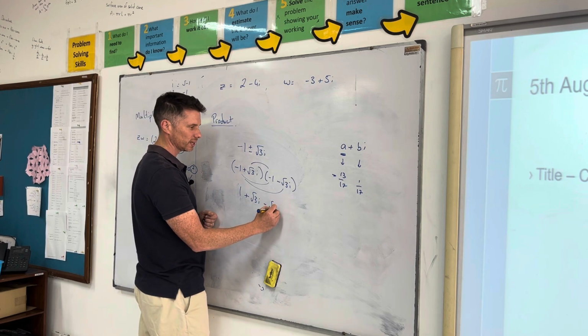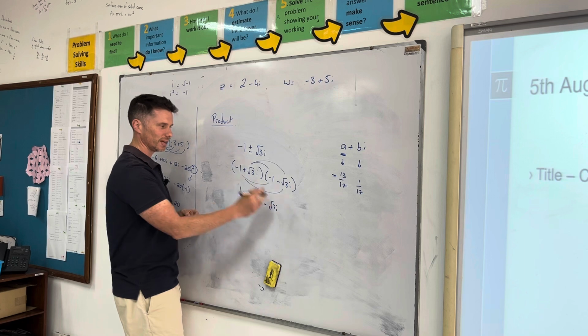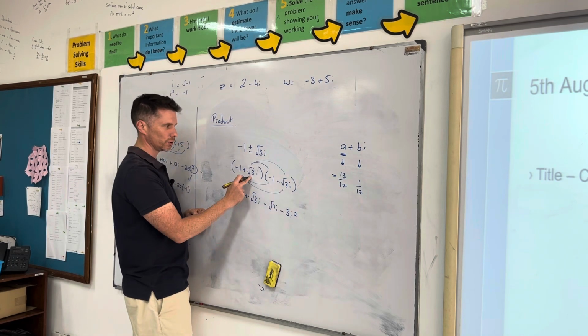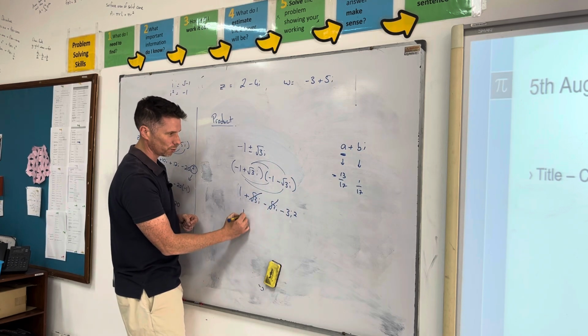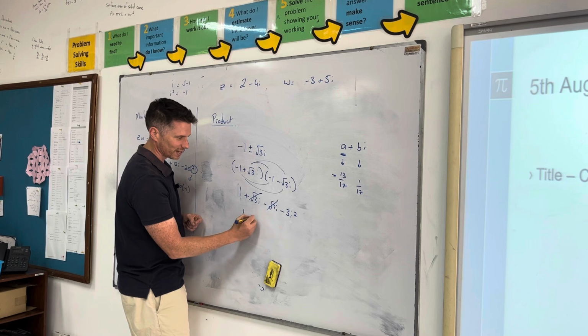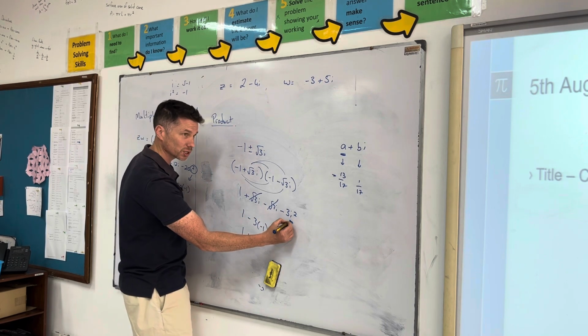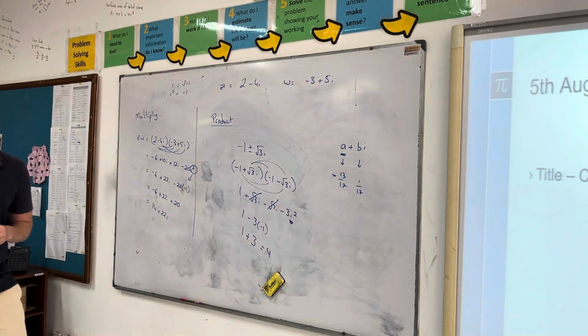And the last two are crucial. It's minus root 3i times root 3i, which is minus 3i squared. Root 3 squared is 3, minus 3 times minus 1 is plus 3. So 1 plus 3 is 4, which we had at the start.